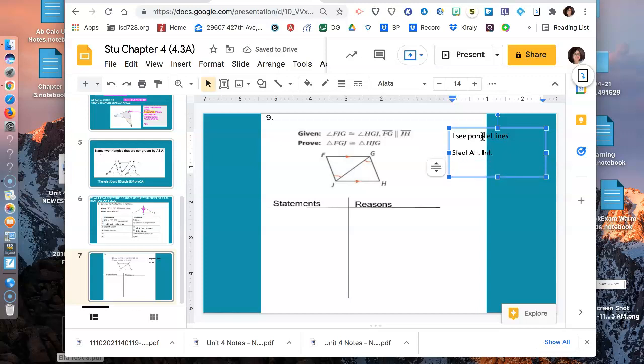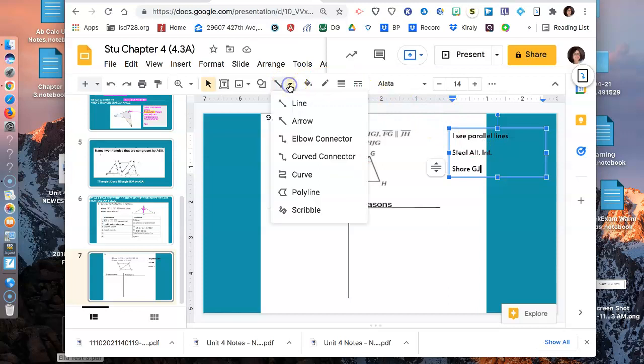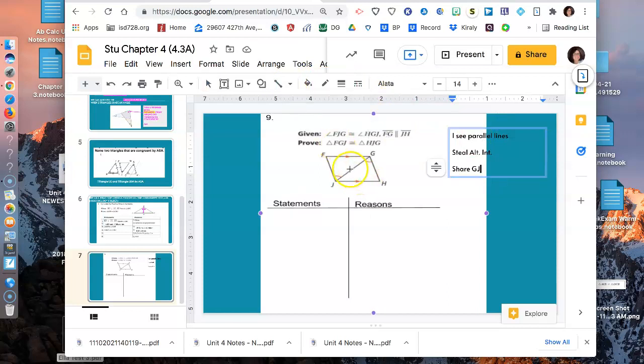Yesterday we had one like this, and I said, what else do you notice? And I think Isaiah said reflexive property. And I said, what do you mean? And somebody said they share the segment GJ. Okay, well, I'm going to stop right there, and I'm going to go make some markings on my proof. I'm going to go like this.